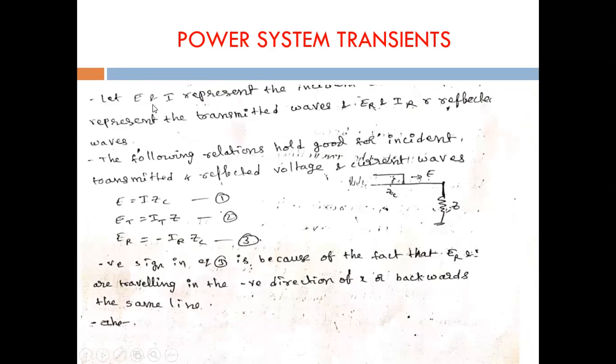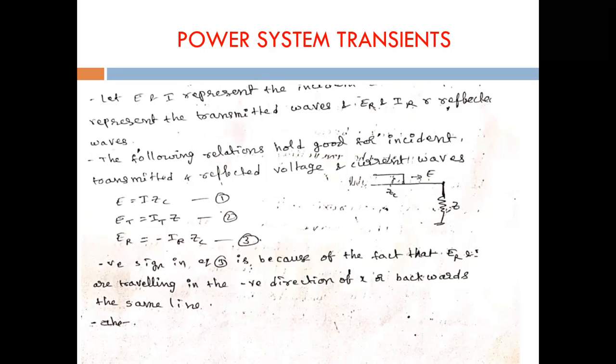Suppose we take E and I as the incident waves, ER and IR as the reflected waves, and ET and IT as the transmitted waves, for voltage and current.